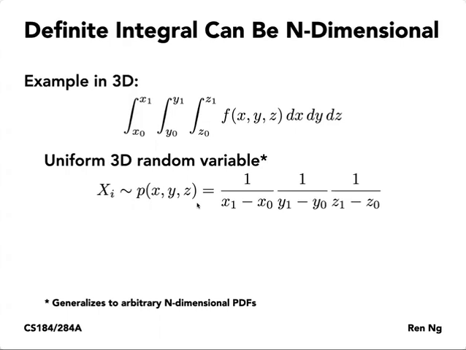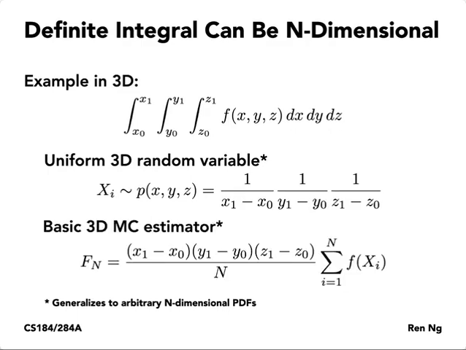And by exactly the same logic as I showed for the 1D case, this PDF, P of x, y, z, has to be 1 over the volume of the domain of integration. And the volume is x1 minus x0 times y1 minus y0 times z1 minus z0, because those are just the lengths of the cuboid in 3D volumetric space.